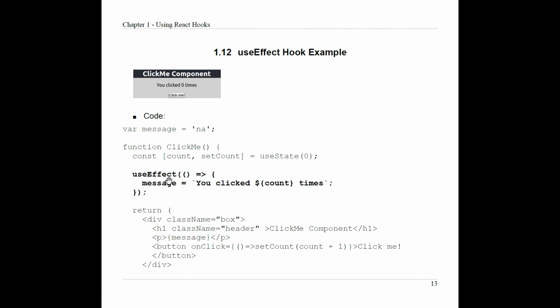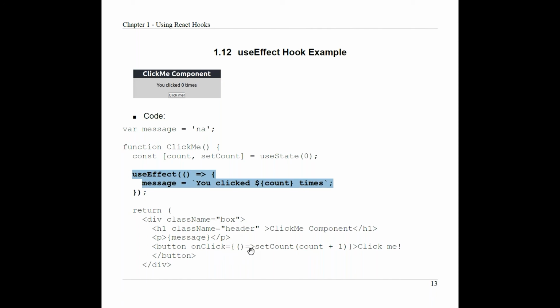So here you are registering this function. Here is an arrow function. So it's useEffect, and then the arrow function starts. And what this is going to do is update this message to: you clicked so many times, count times.